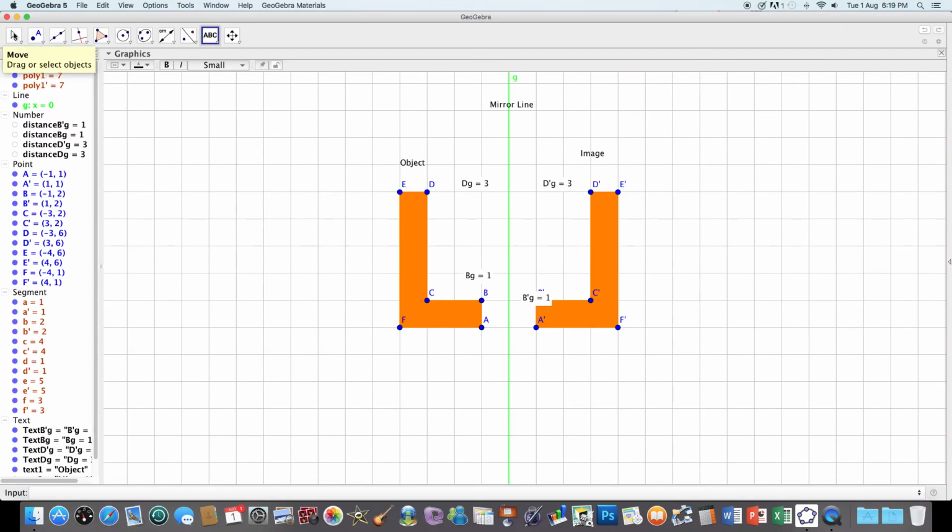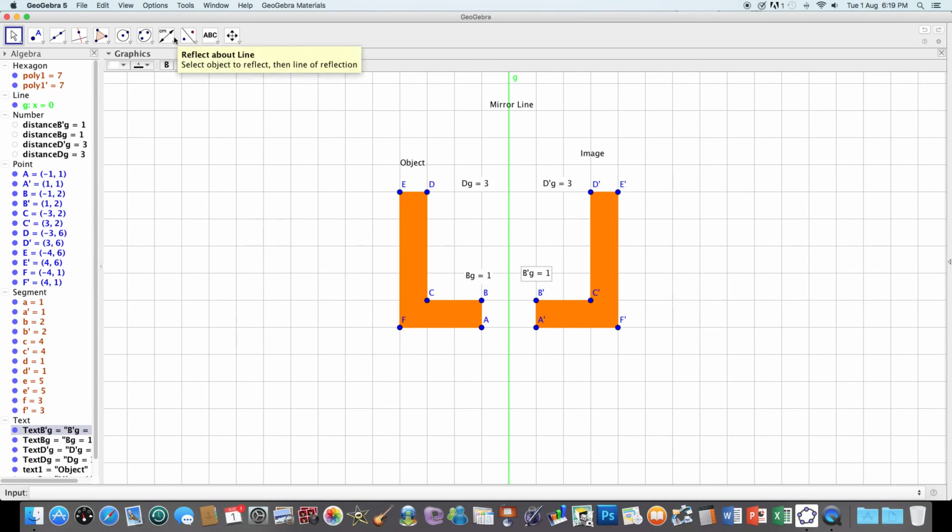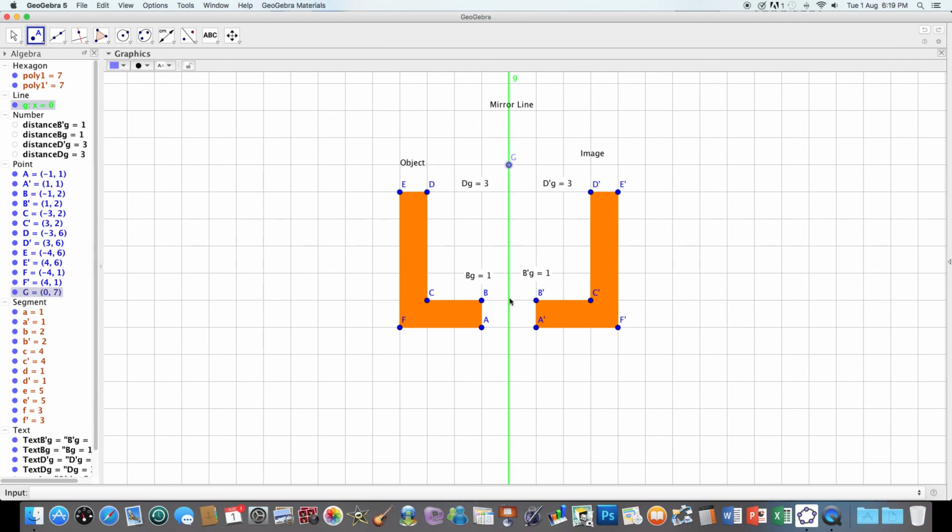Okay, so the only other thing in this first tutorial is to show you that in fact the angle between B and B dash is 180 degrees. That is, B makes an angle of 90 degrees with the mirror line. So if I put a point here and here, I can measure that angle now.